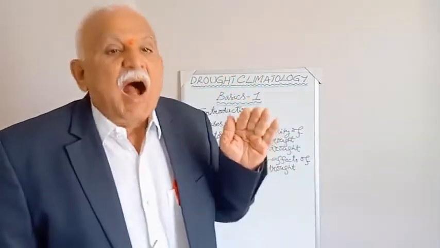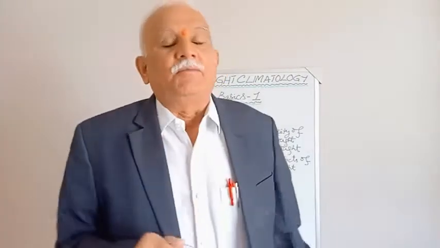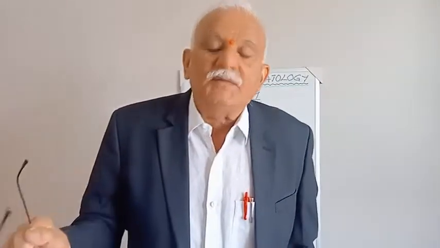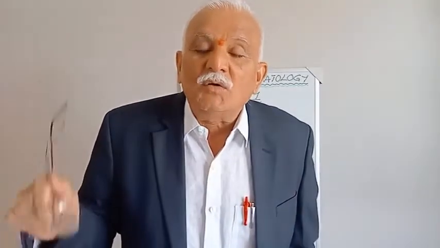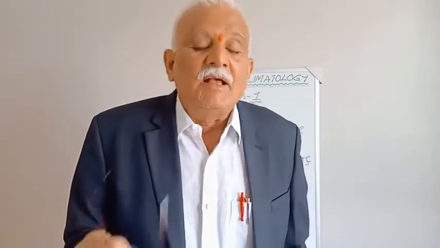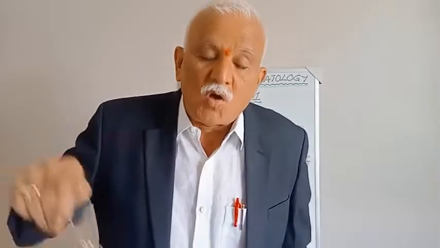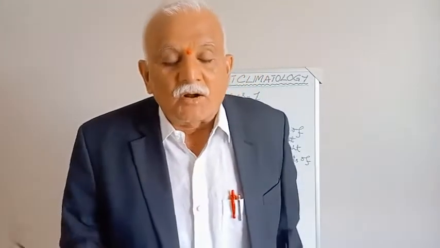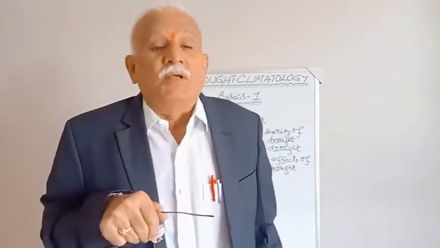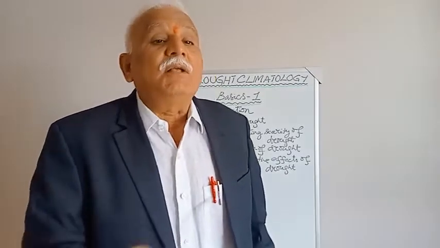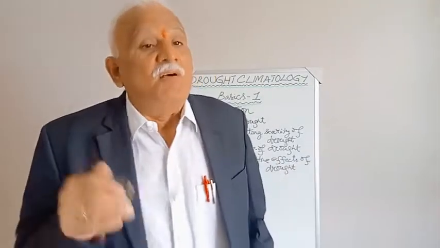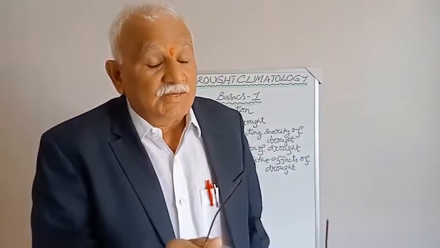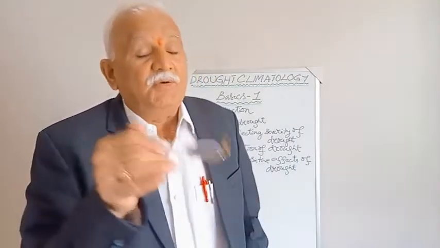Now, hydrological drought. This bit will come: when meteorological drought prolongs, hydrological drought sets in. I repeat it. When meteorological drought prolongs, hydrological drought sets in. What is hydrological drought? Hydrological resources are depleted of water. What are the hydrological resources of water?